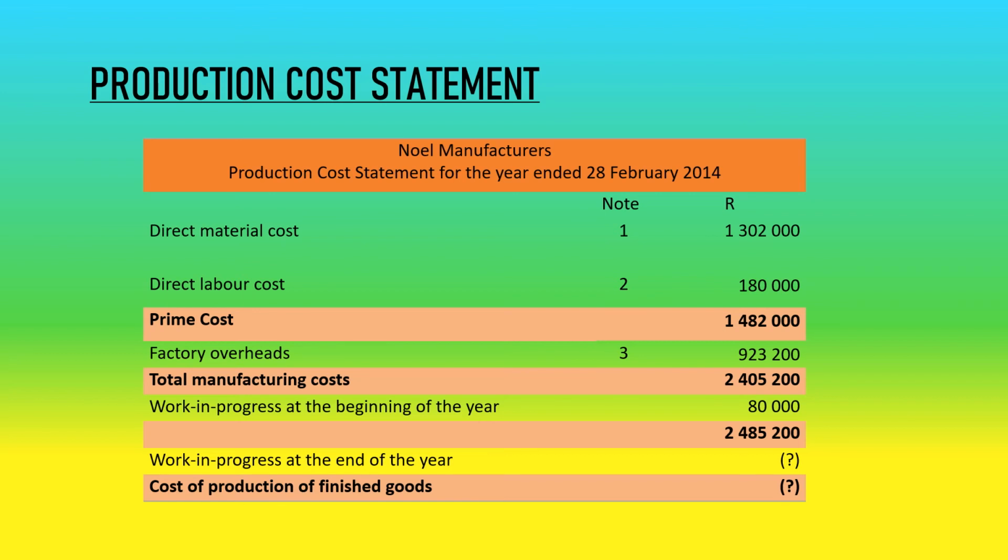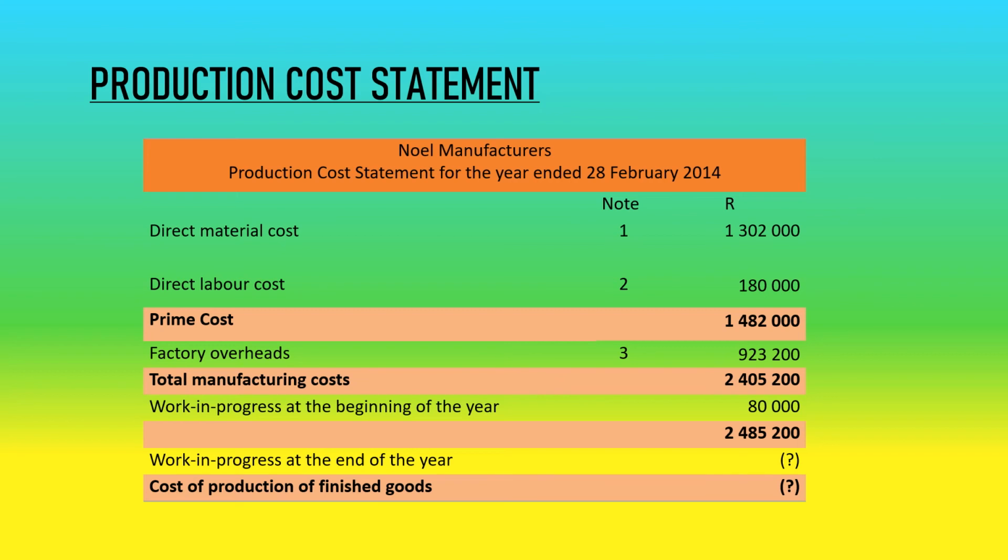But we also need to calculate our cost of production of finished goods during the year. And how we calculate that is by taking the total manufacturing cost, adding it to work in progress at the beginning of the year, and this gave us 2,485,200.